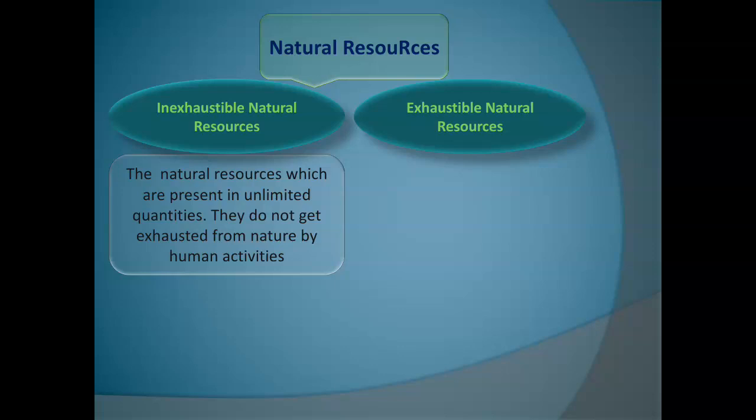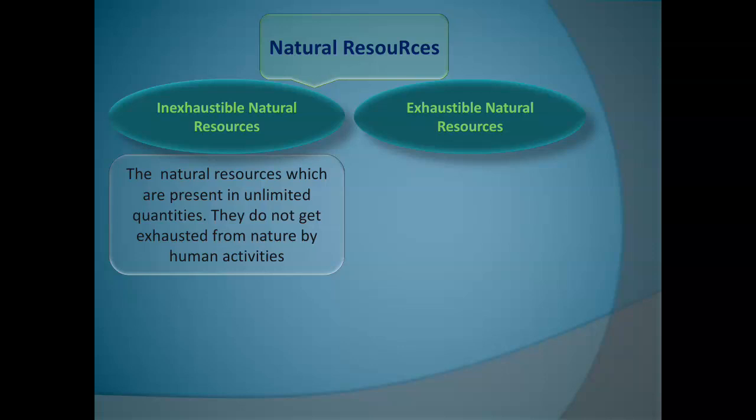What is an inexhaustible natural resource? The natural resources which are present in unlimited quantities or which are present in large excess, such kind of natural resources are known as inexhaustible natural resources. They do not get exhausted from nature by human activities. They cannot get finished off by human use.